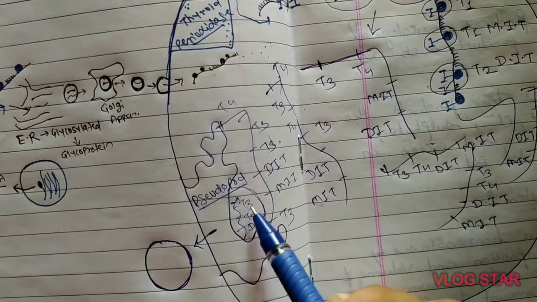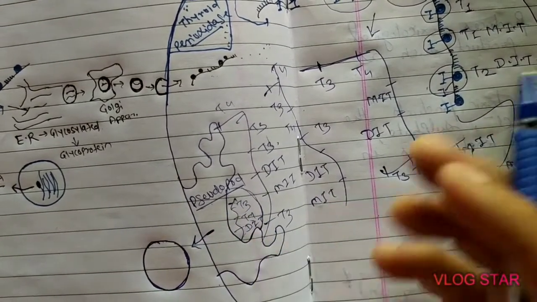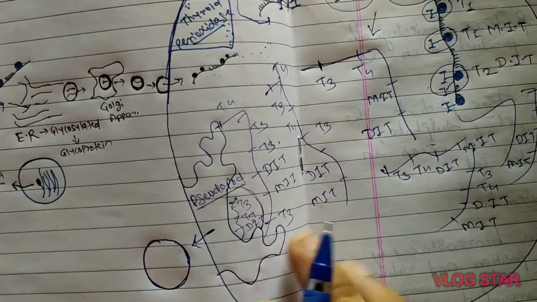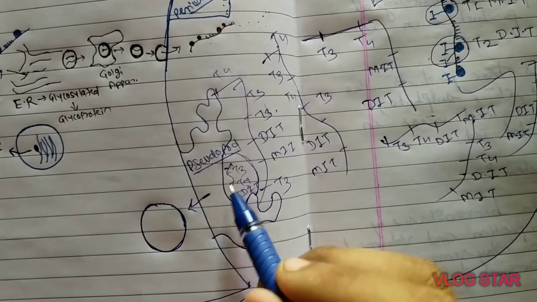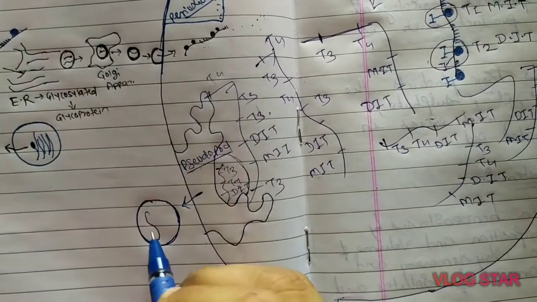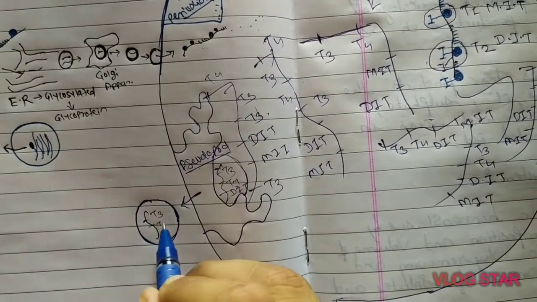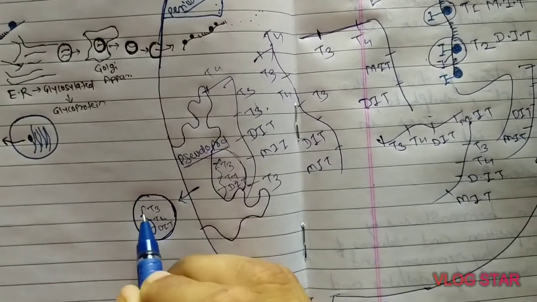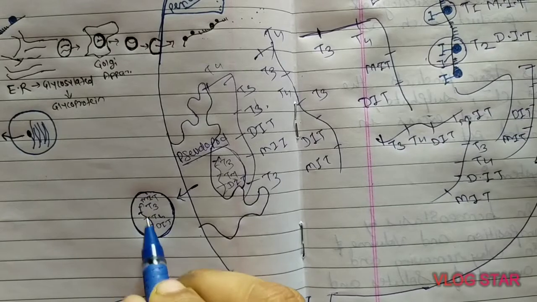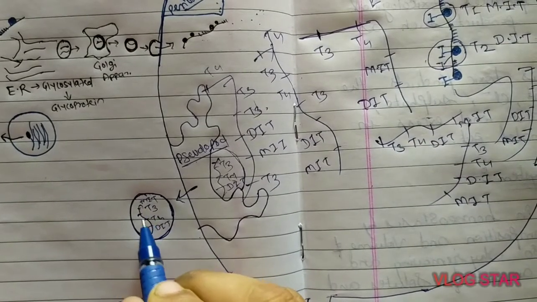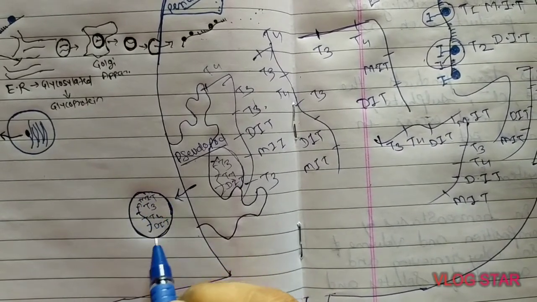So this part of the colloid enters into the pinocytic vesicle. So this is one thyroglobulin, a part of colloid, present inside the pinocytic vesicle.